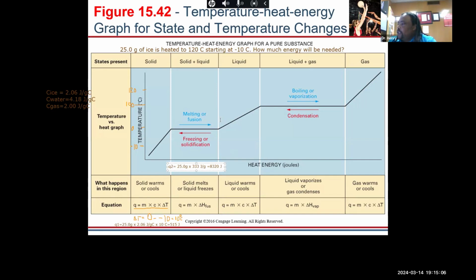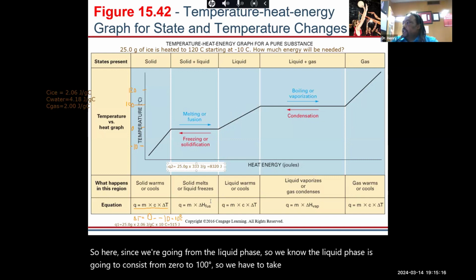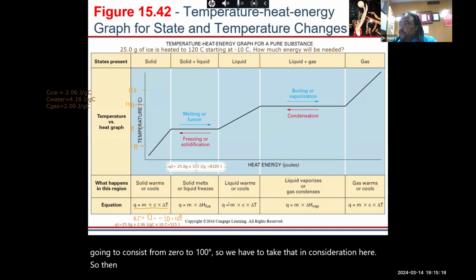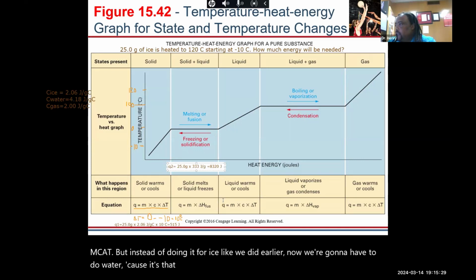So here, since we're going through the liquid phase, we know the liquid phase consists of 0 to 100 degrees. So we have to take that into consideration here. So then we're going to still use that Q equals MCAT, but instead of doing it for ice like we did earlier, now we're going to have to do water because it's that liquid phase.